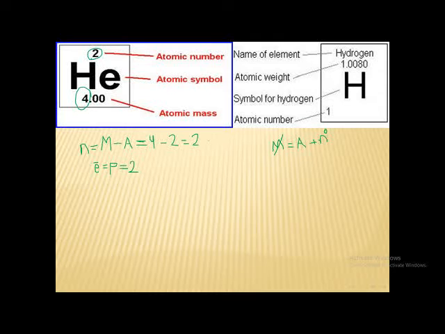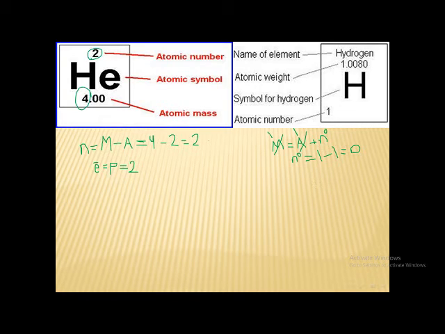This is 1 and this is 1. So the number of neutrons is 1 minus 1, so we have 0. We don't have any neutrons inside this type of hydrogen atom.